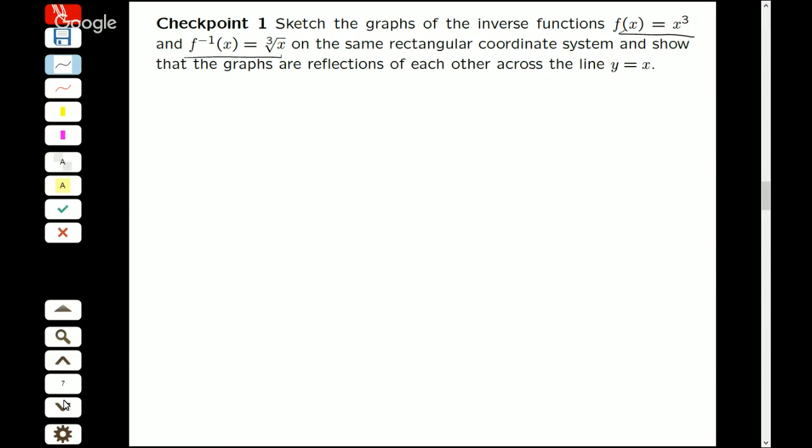So draw this line, draw this. Well, I know that if you take 1 you get 1, then you get 0.